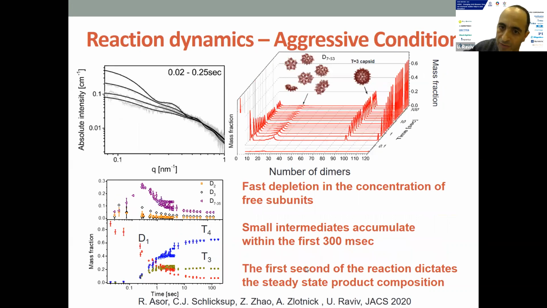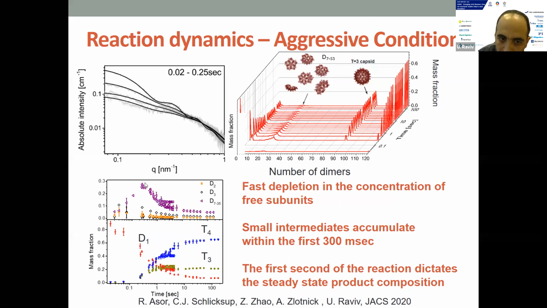So here are the aggressive conditions. Here you see that there are no isosbestic points anymore. You see the data is very different. The timescale here is the first quarter of a second. And within the first quarter of a second, already the full particle has formed, much more T=3 is forming. And there is a broad distribution of intermediates between 7 and 35 dimers. As you can see, they appear and disappear.